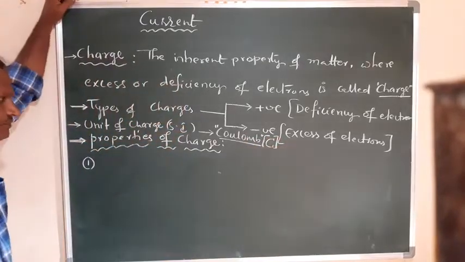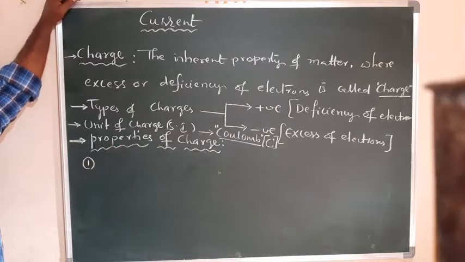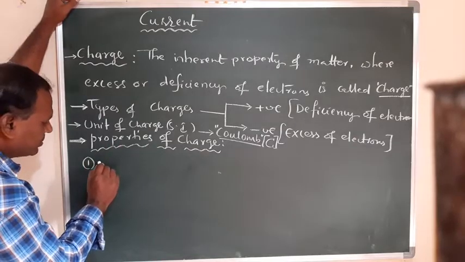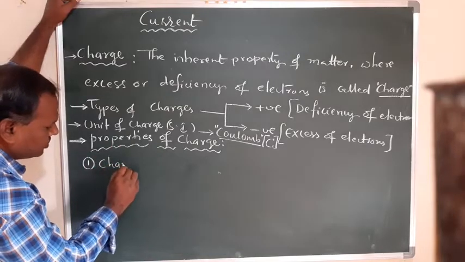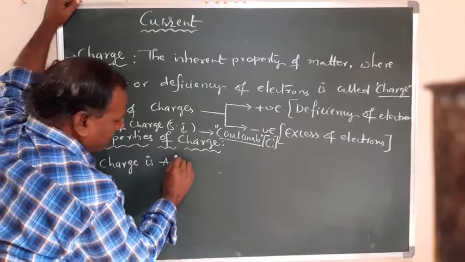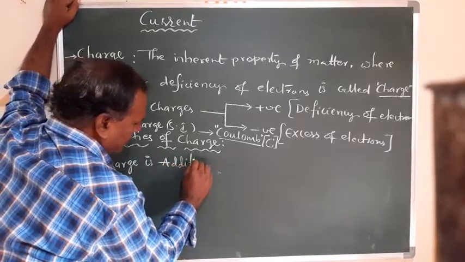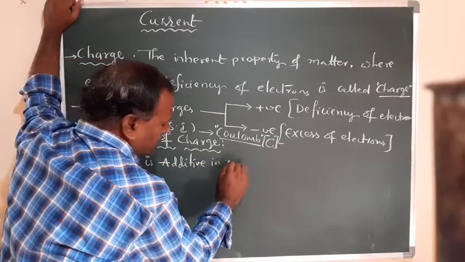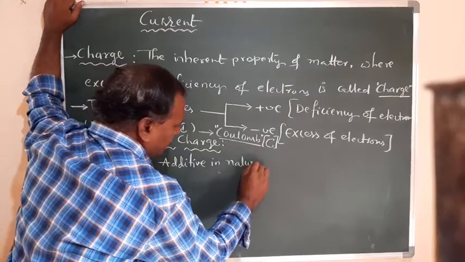So in properties of charge, the first one is that charge is additive in nature. What does additive in nature represent?